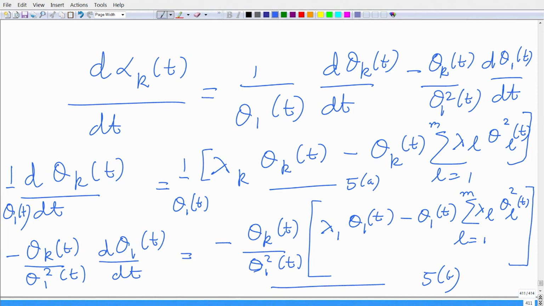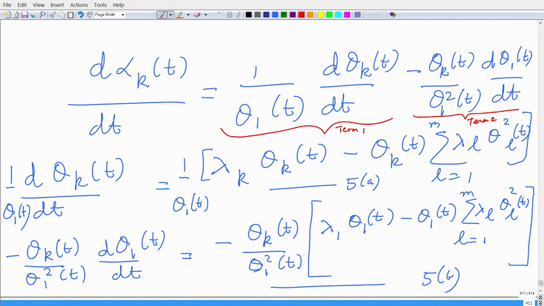So, we have two terms here. This is term 1 and this is term 2, right. I simplify term 1. So, what I do is 1 upon theta 1 of t, I pull it outside. Now, d theta k of t upon dt, I expand it out.